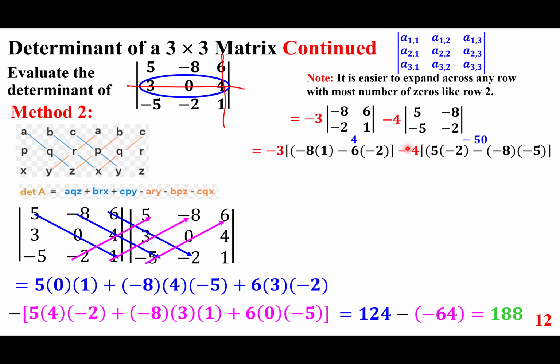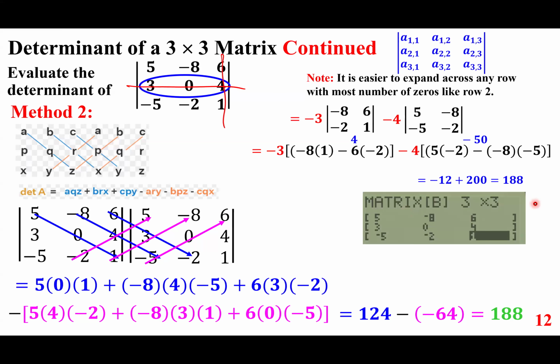Negative 3 times 4, negative 12. Plus 200, 188. So this method makes it easier. And if it has any zeros, you use that one. That's a smart way of approaching it. Finally, if you want to use a calculator, matrix B, you put it in. That's matrix B. And the determinant of B is 188. Nice and straightforward.